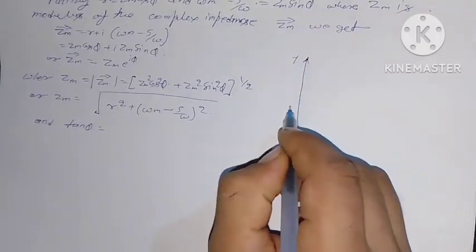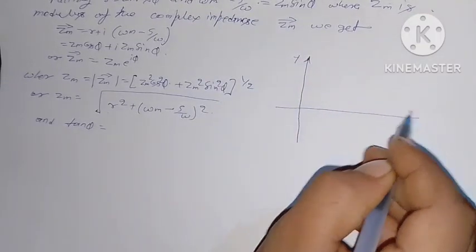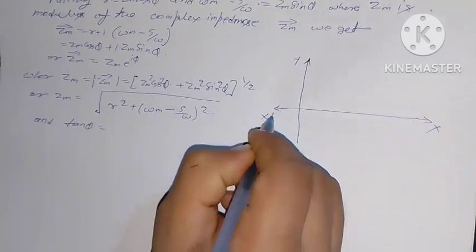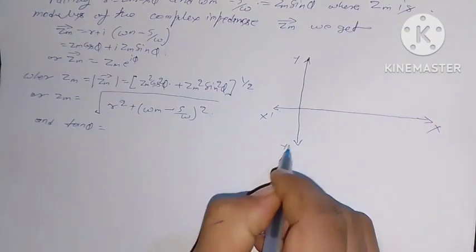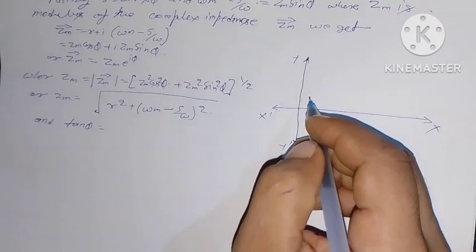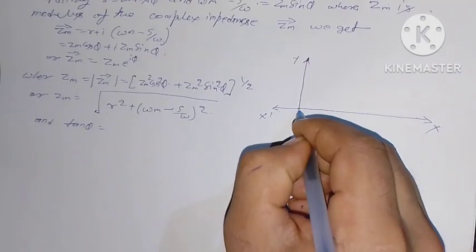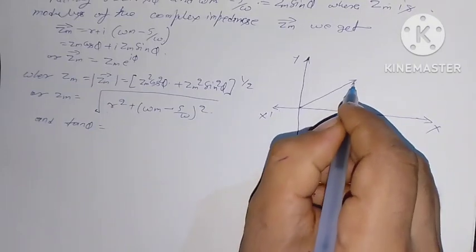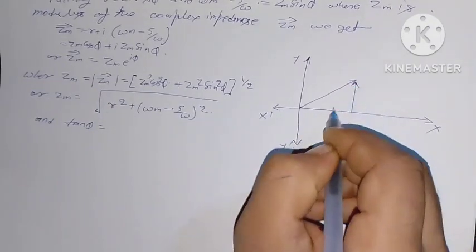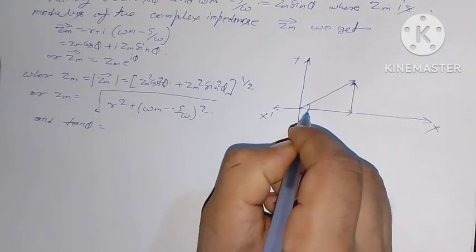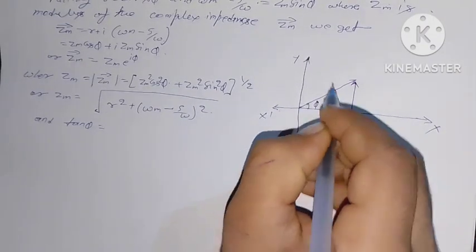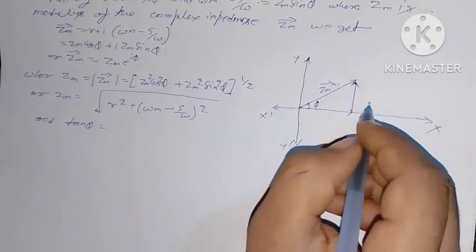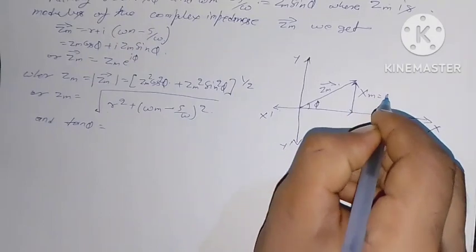This is the y-axis and this is the x-axis, and this is the angle phi, and this is the impedance Zm.